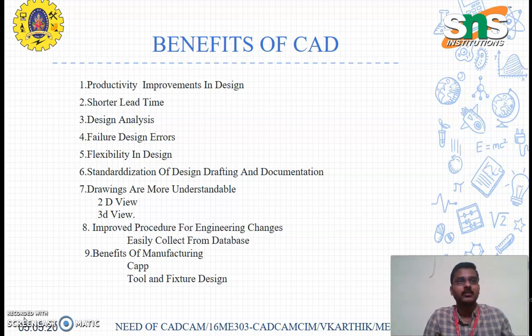Computer-aided process planning is where we can plan the process. We have two types of computer-aided process planning, the retrieval approach and the generative approach. Based on that approach, we can plan the process step by step, before or after the design, before the manufacturing. Tools and fixture design: based on the tools and the fixture, we can modify or make a design. This is a benefit of CAD.